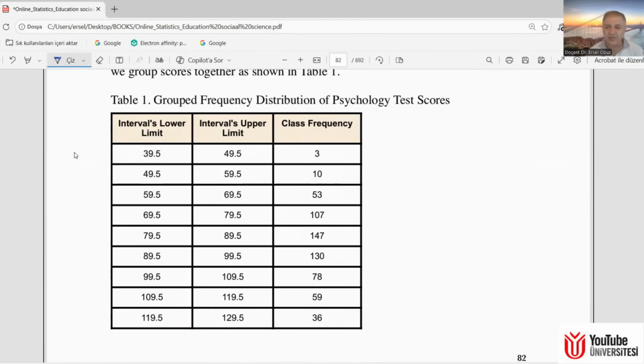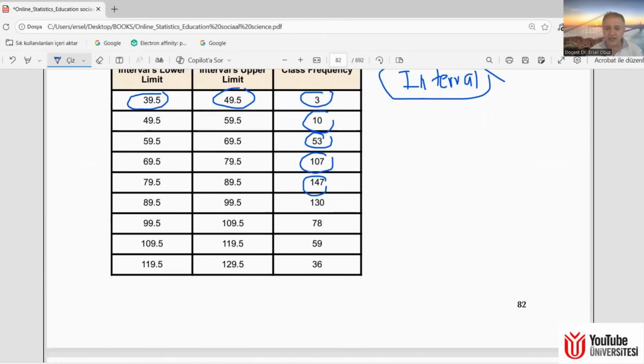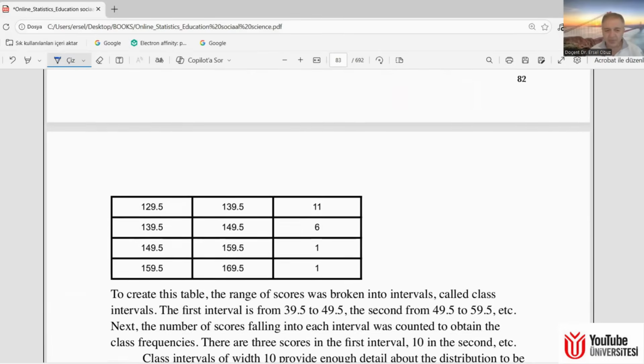Like this interval starts from 39.5 and ends at 49.5. So how many data points are there? 3. So 10, 53, 107, 147. It goes like this. You don't have the individual values, you have the interval. So you basically lose individual data points.